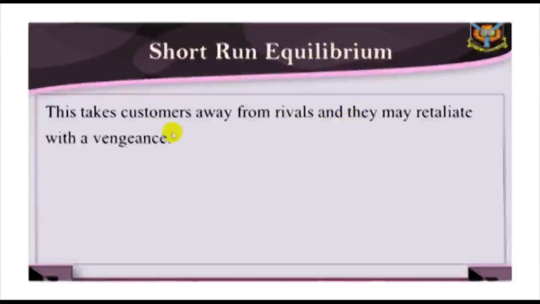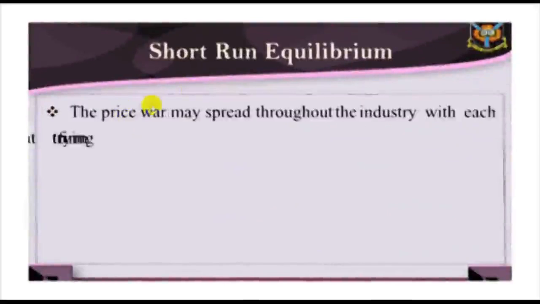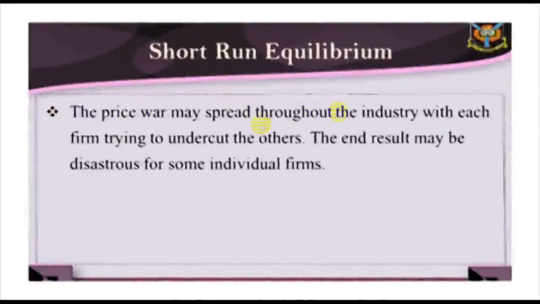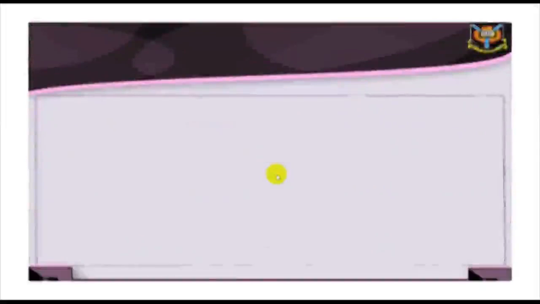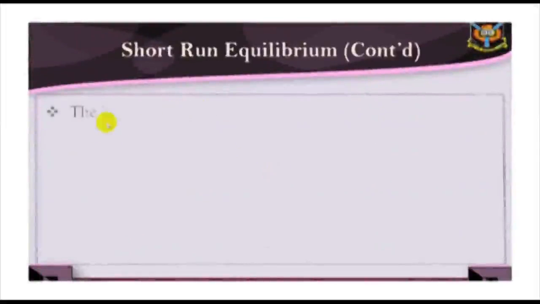This takes customers away from rivals and they may retaliate with a vengeance. The price war may spread throughout the industry, with each firm trying to undercut the others. The end result may be disastrous for some individual firms.